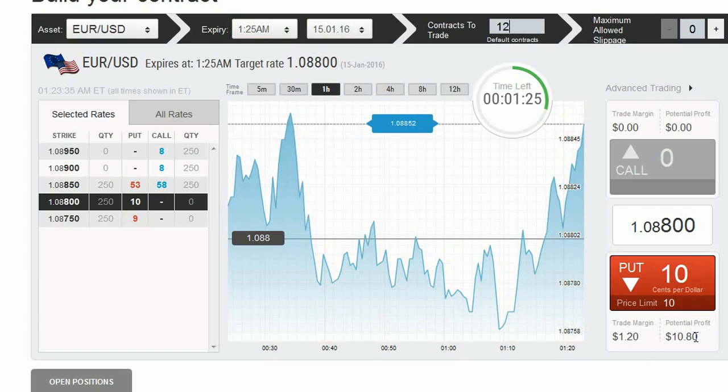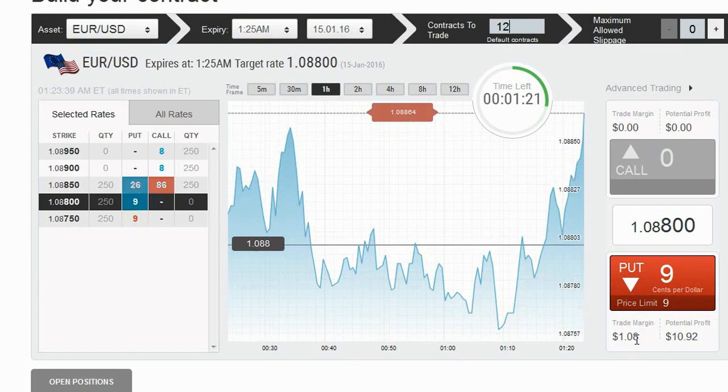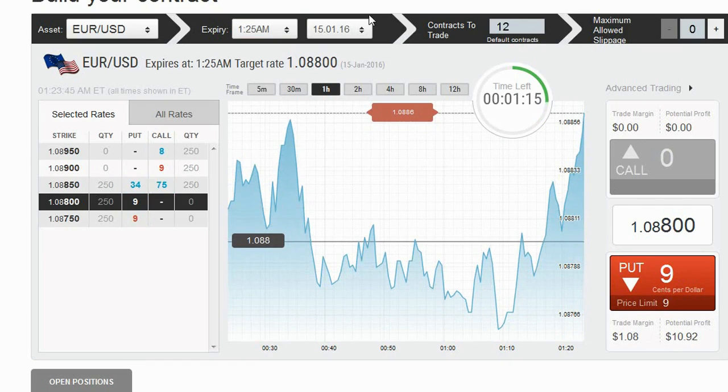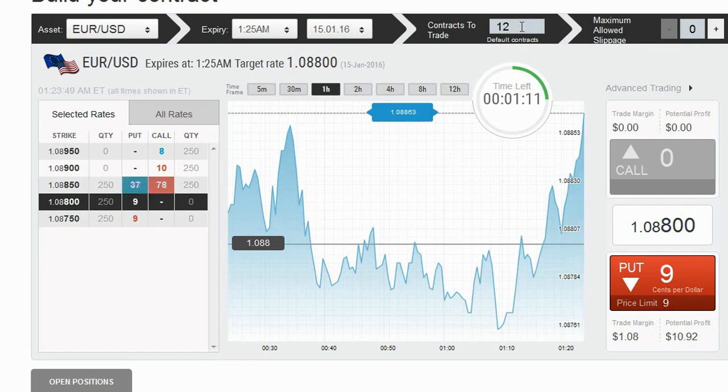Like I have 12 here, and you can see that's $1.20 risk in order to make that $10.80 if that actually were a contract that I wanted to put on.